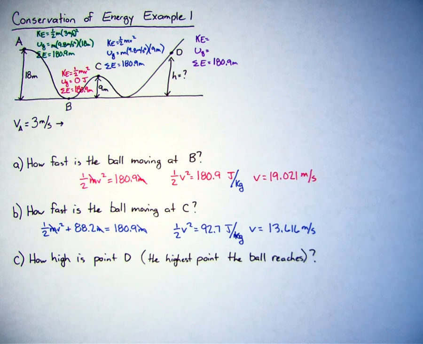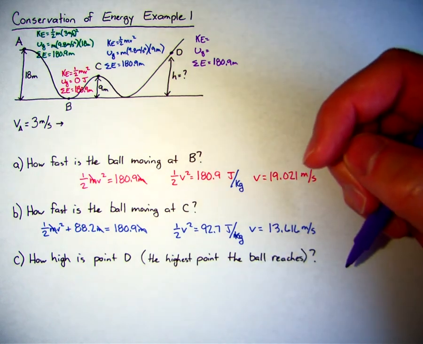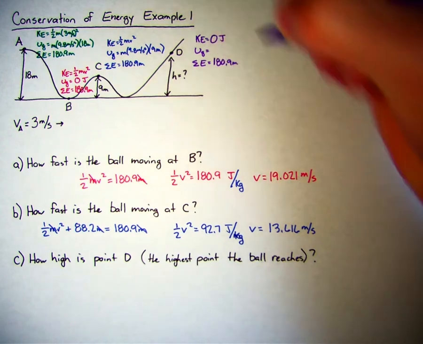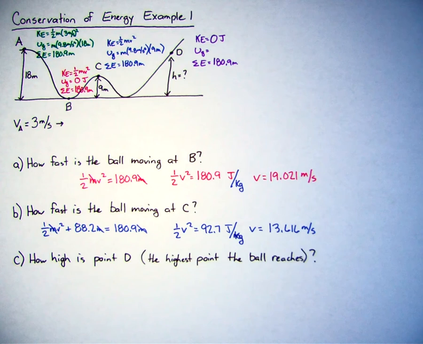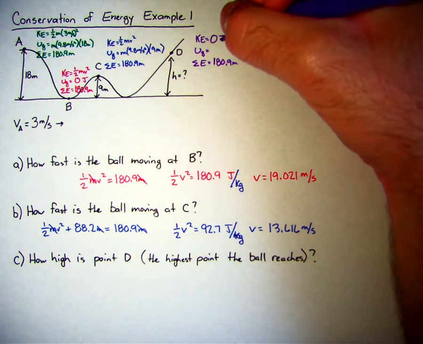Then for D, at the very highest point that the ball reaches, it's no longer moving. It's going to come to a stop at that point. So I know there's no kinetic energy.